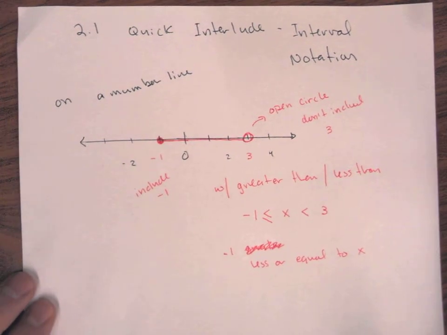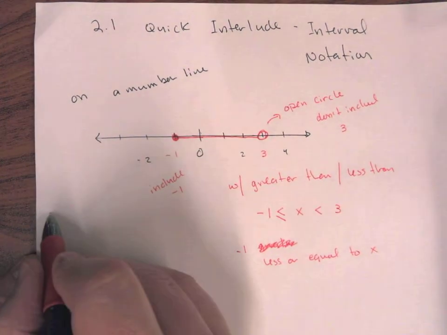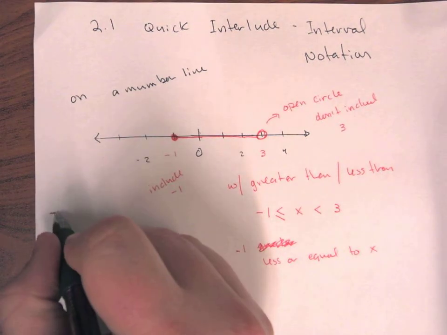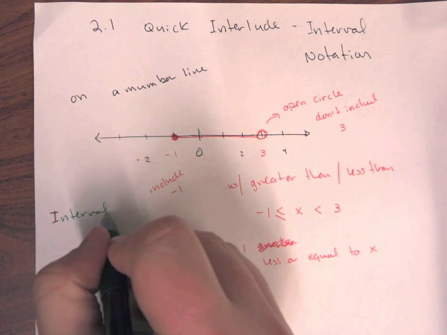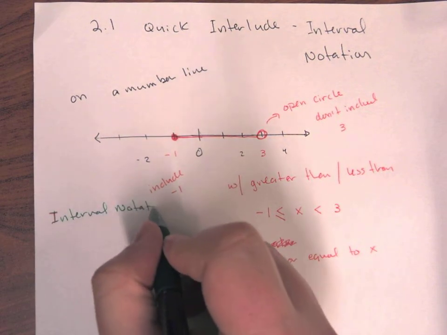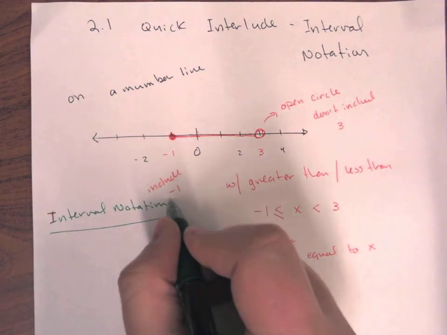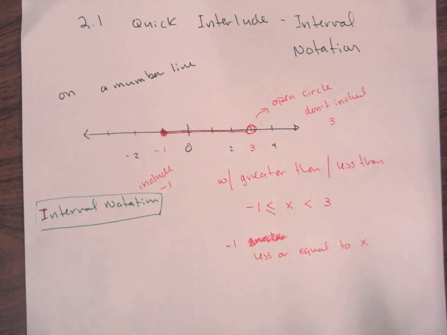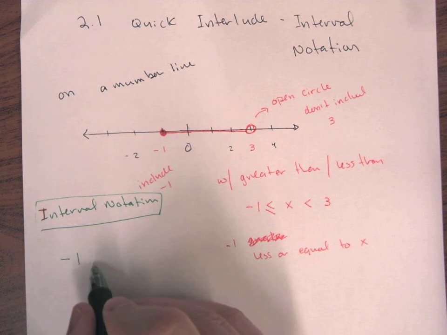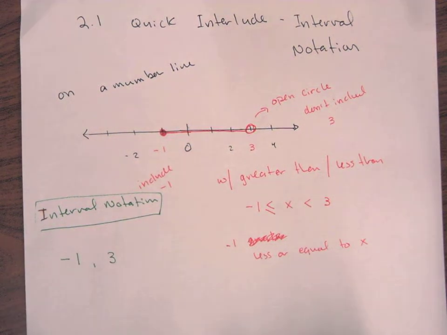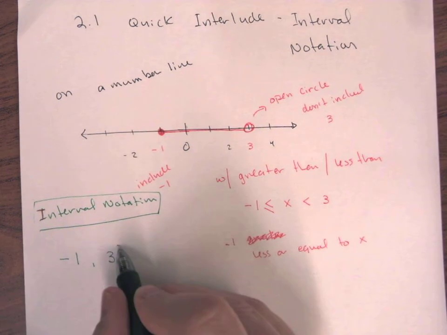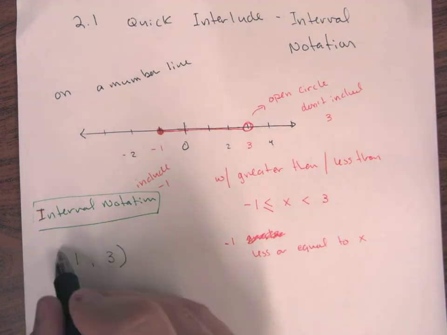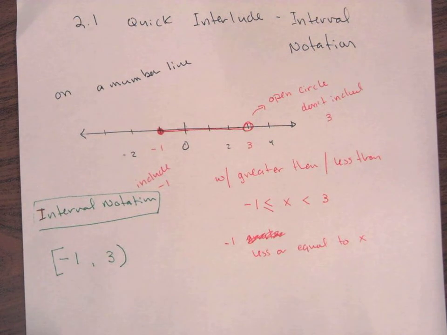If we were writing this using interval notation, so this is our new notation, I'll switch colors. What we're doing is a similar kind of thing. We're going right from -1 to 3. And so what we do is we use a parenthesis when we have the open circle, so when we're not including the endpoint, and we use a bracket where we include it.